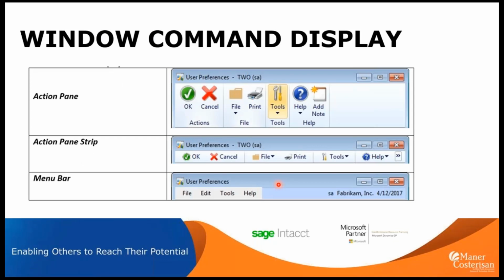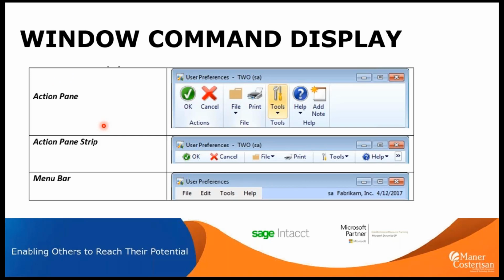Going back to, as I was talking about before, the window command display. Many people who've been on the most recent versions of GP, at least since 2013, are used to the action pane versus the menu bar, which is what this bottom one is. This is what it used to look like prior to 2013 when they started putting the action pane in there.